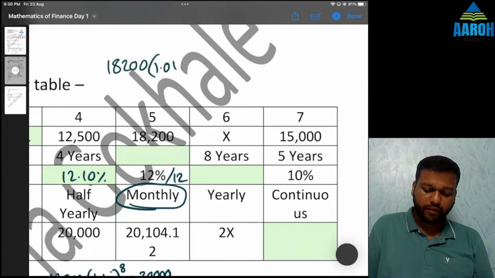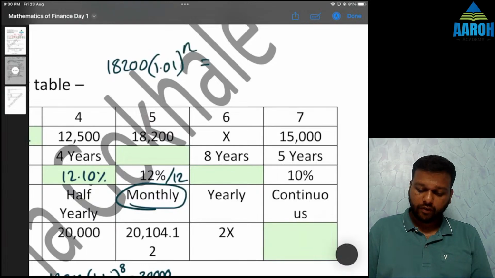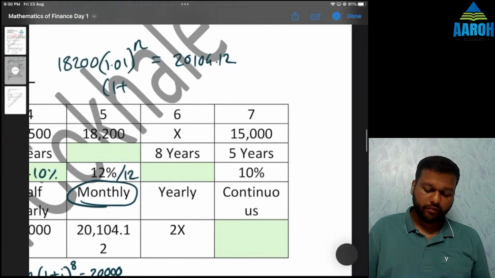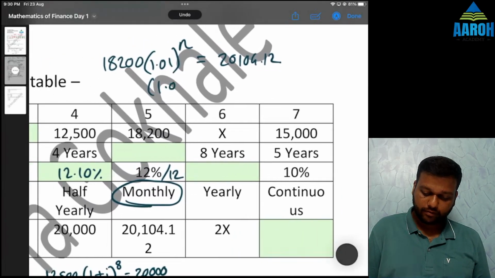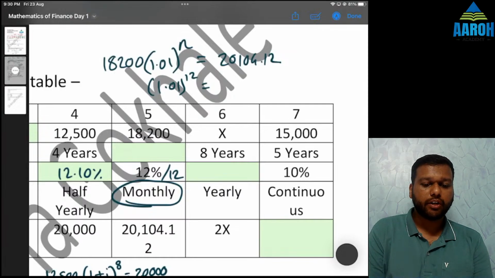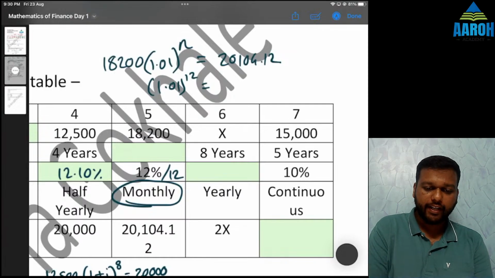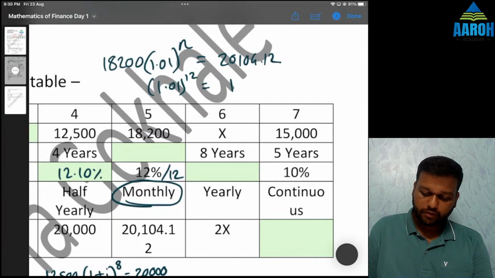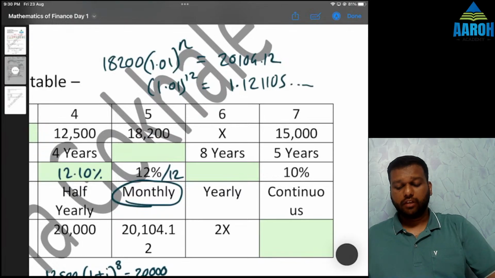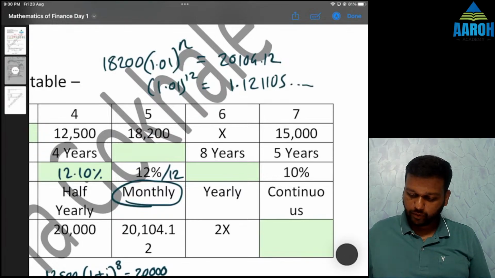So we'll do 1.01 raised to n, we don't know what n is, is equal to 20104.12. Fine. So 1.01 raised to n is going to be 20104.12 divided by 18,200, which is 1.121105 something.